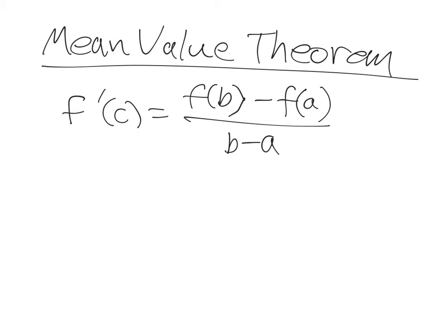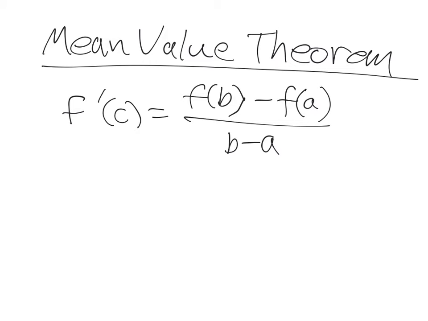Now the mean value theorem kind of generalizes Rolle's theorem a little more. We're not looking just at f of a equals f of b and then the derivative would equal 0, but we have the conditions for Rolle's theorem except for f of a equals f of b.